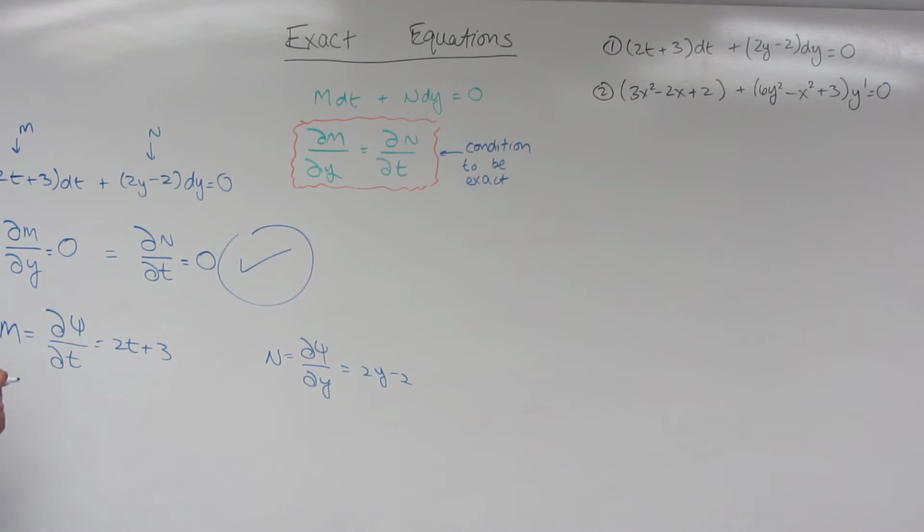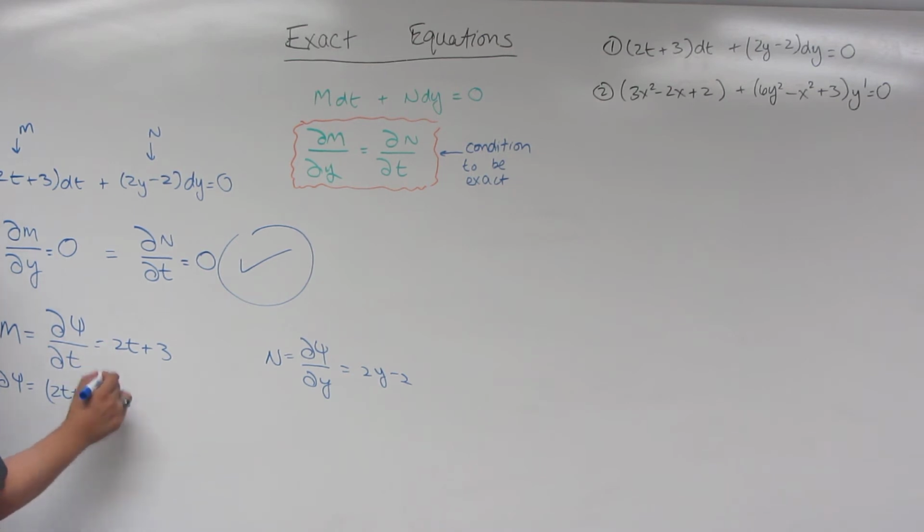The next step is we want to solve for psi. Essentially, this is what it turns into. We have the partial of psi. If you multiply dt onto this side, it becomes the partial of psi is equal to (2t plus 3) dt.